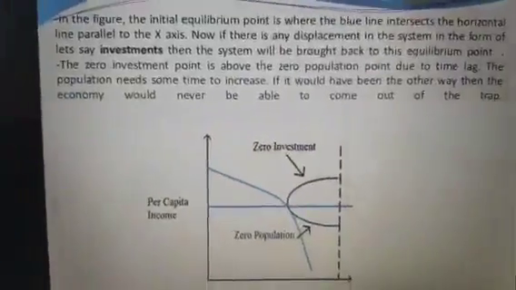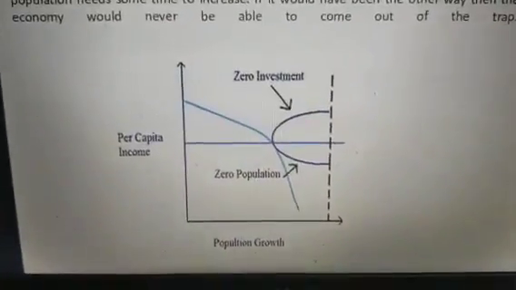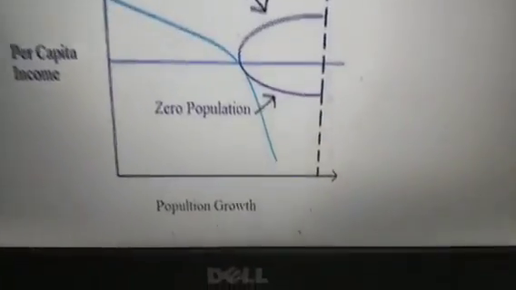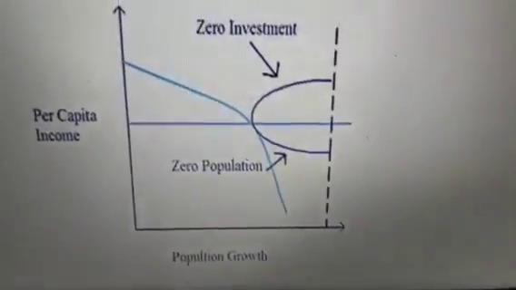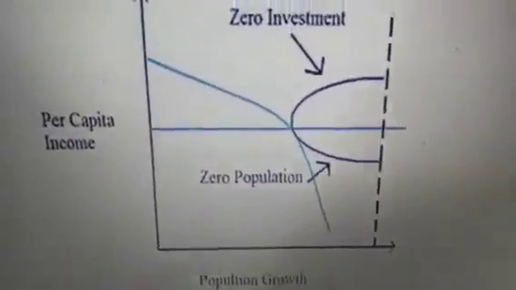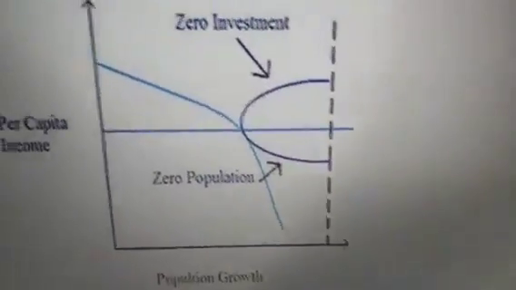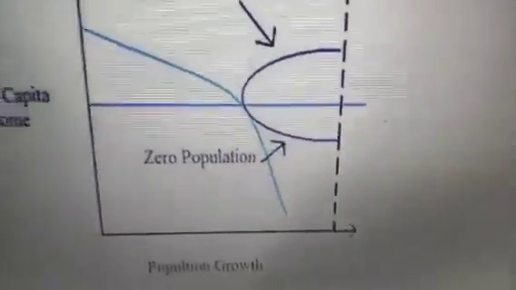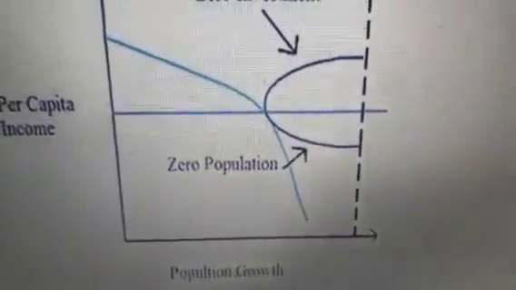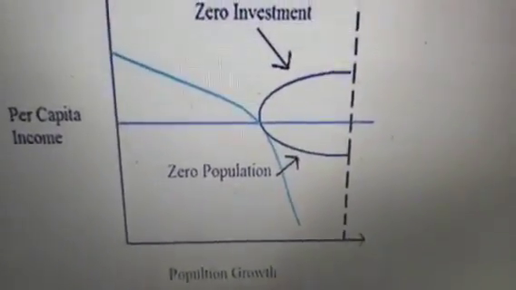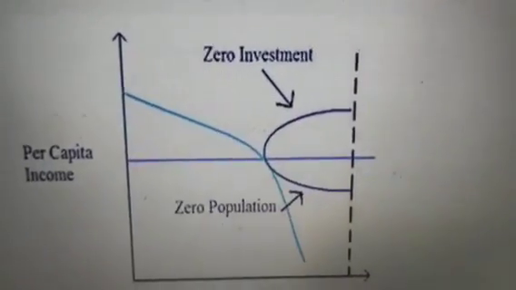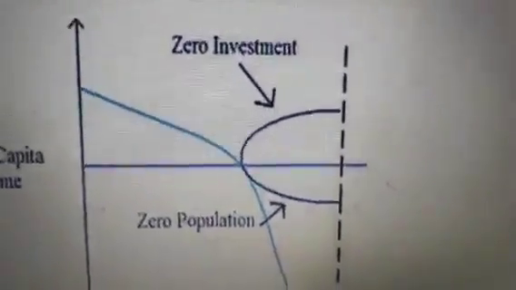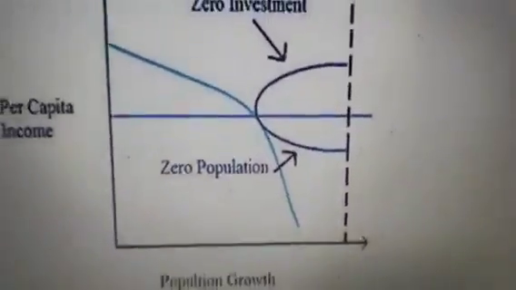So this is one figure which Leibenstein used, where the y-axis is per capita income and the x-axis is population growth. You can see that as population growth is growing, per capita income is decreasing. You can see the blue line from the highest to the lower point. There is one point where the per capita income line cuts the population growth line, and above it there is zero investment, and below it there is zero population growth.